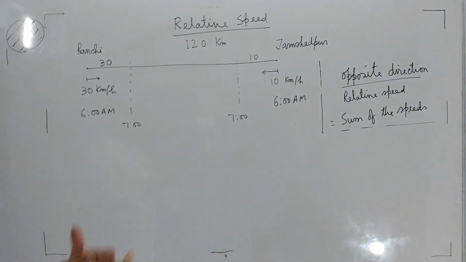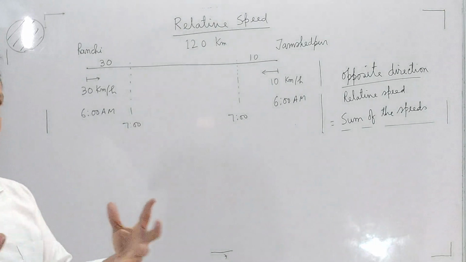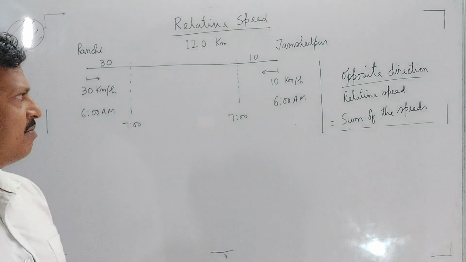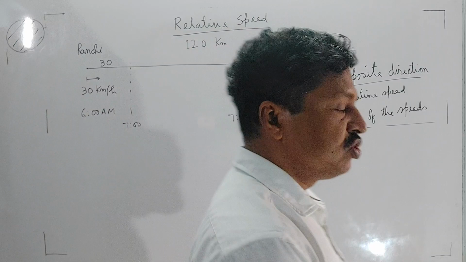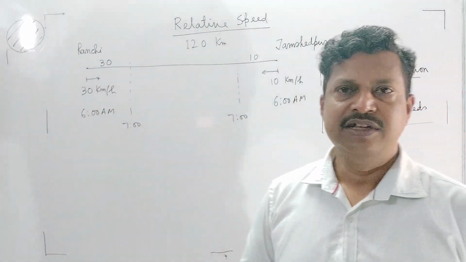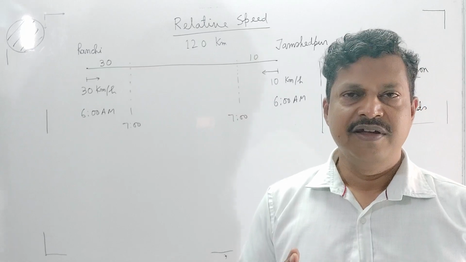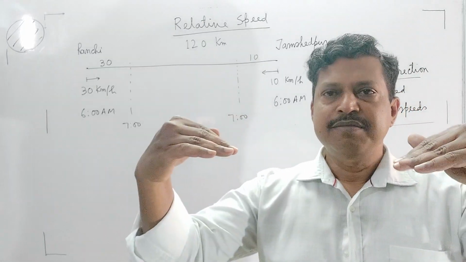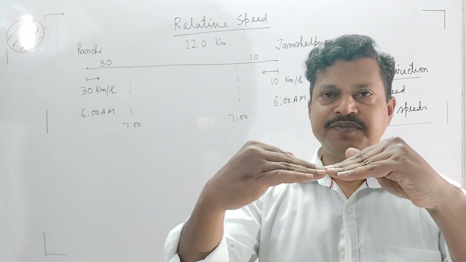Now the next question is, after how many hours will they meet? Let us understand this through the unitary method. In 1 hour, they are reducing a gap of 30 plus 10, 40 kilometer. Meeting means the gap should be 0.